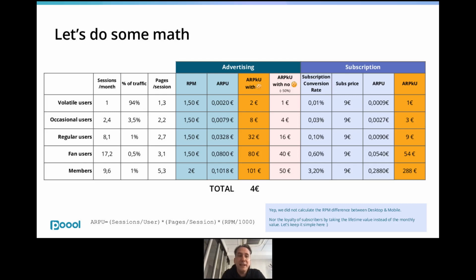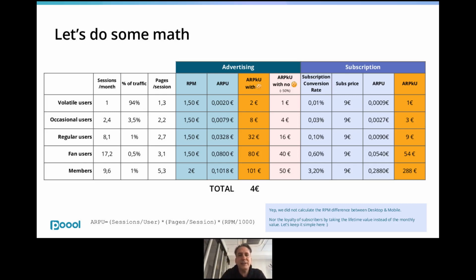If the volatile are so important in the audience, being 90% of the traffic, the real average revenue per 1,000 users is about €4 for the whole audience. And you got the breakdown. That's the way you should read this chart. And if you look at the revenue for non-consented users, well, it's half.